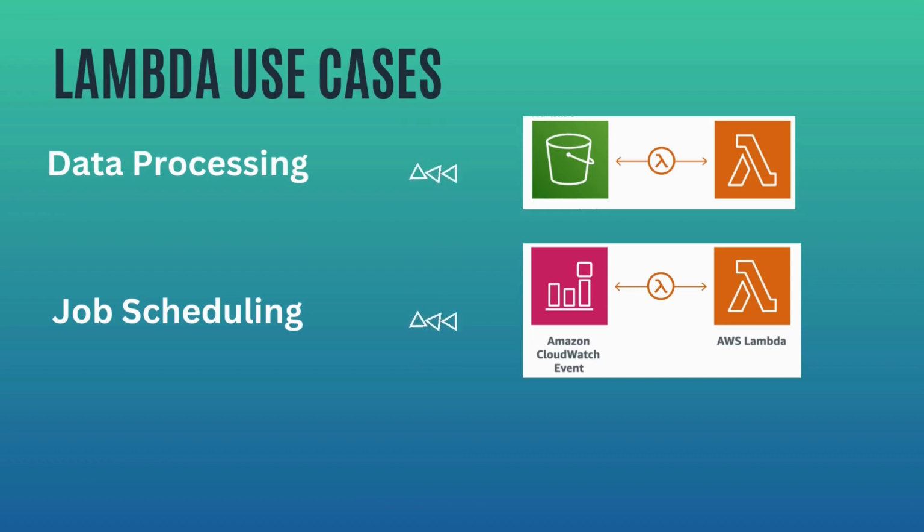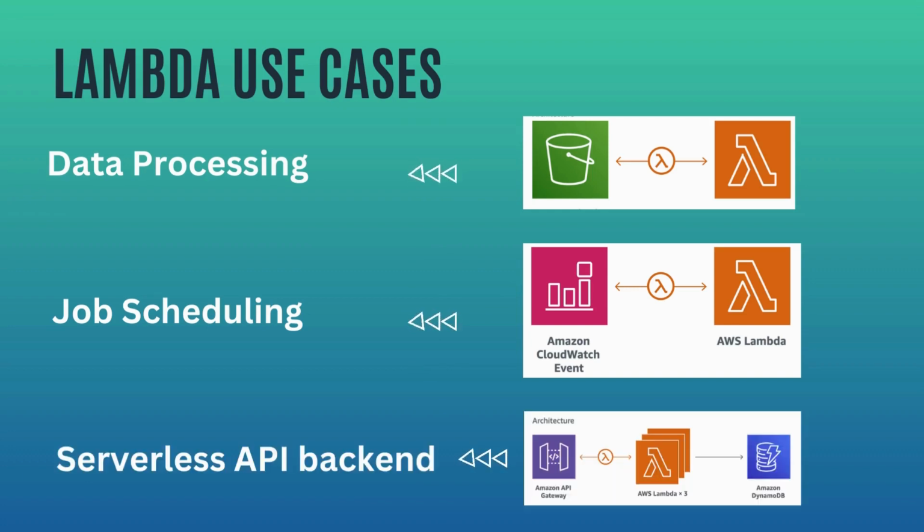The final use case we are discussing is the serverless API backend. You can set up many APIs in a serverless API backend microservice in which you use the API Gateway's output as an input to your AWS Lambda, and your Lambda function writes into your Amazon DynamoDB.